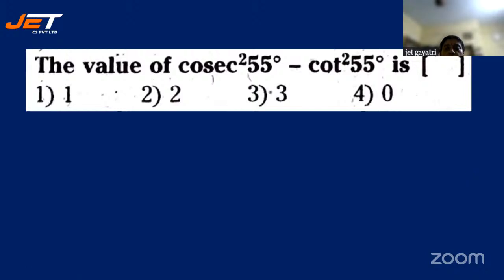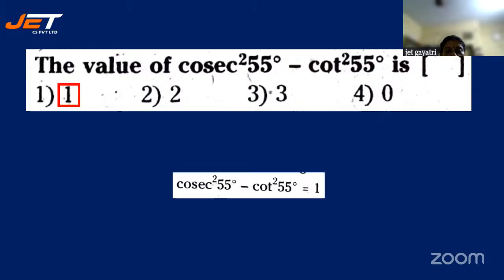The value of cosecant square 55 degree minus cot square 55 degree is dash. Okay. The value of cosecant square 55 minus cot square 55 is dash. So we know that there is a formula, cosecant square theta minus cot square theta is equal to 1.